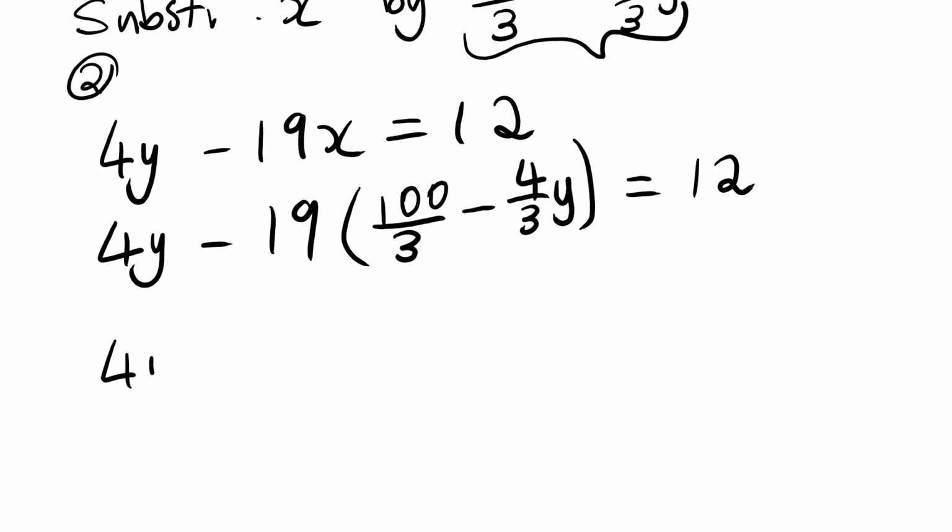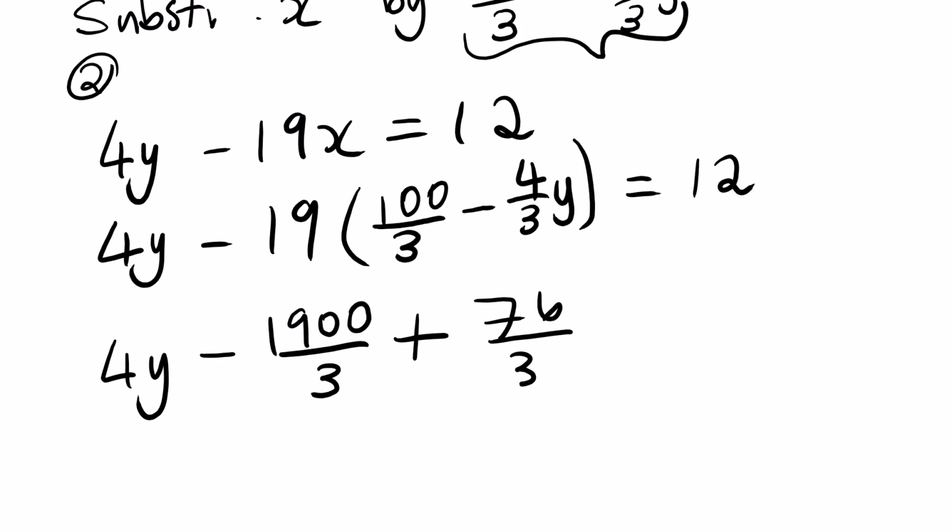And then from here it's 4y, negative 19 multiplied by 100 divided by 3, the answer is negative 1900 divided by 3, and then negative and negative is positive. 19 multiplied by 4 over 3, it's actually 76 over 3, y equals 12.